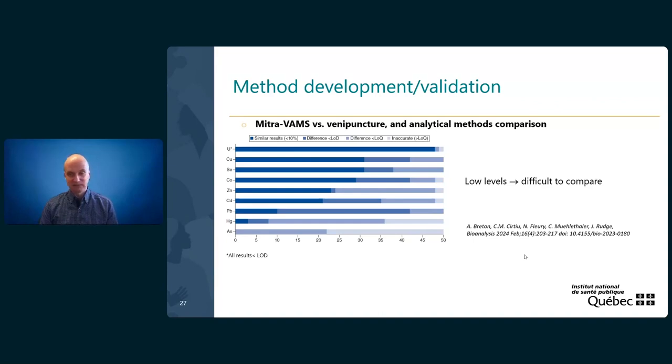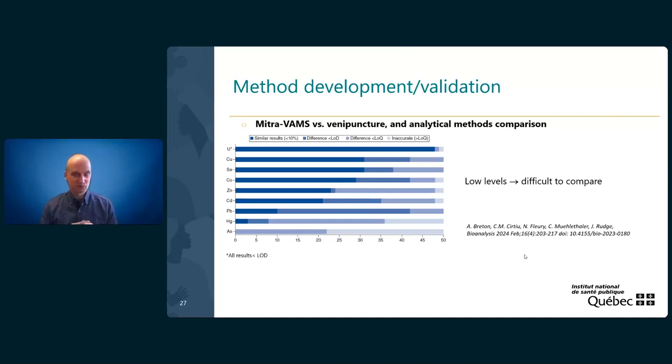The comparison was not that easy, because of the low levels we have been measuring. So we tried to separate the results into 4 different groups: whether the results are similar, whether the difference is less than the detection limit or the quantification limit, as well as inaccurate results. But this is not a straight comparison.